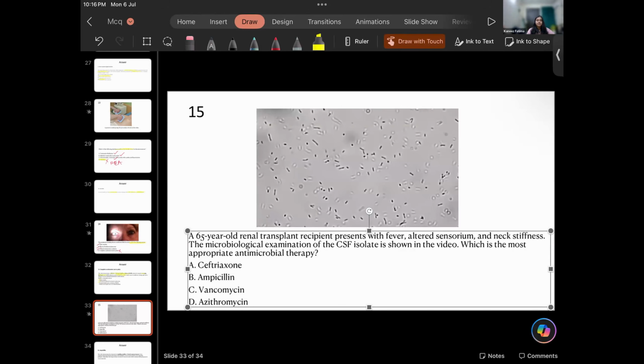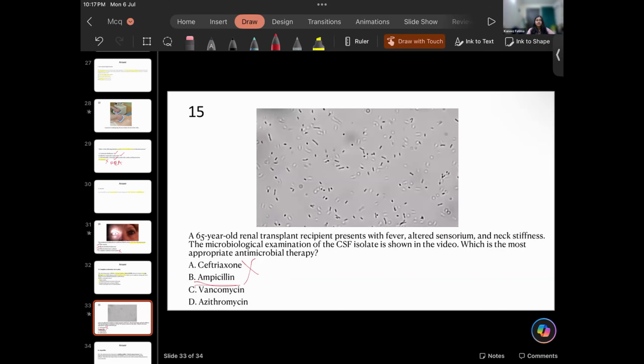Ceftriaxone is basically a cephalosporin, and listeria is intrinsically resistant to cephalosporins. So this in no way can be the answer. Ampicillin, yes. Vancomycin, though effective against gram positives, is not the treatment of choice for invasive listeriosis, because the listeria infection has actually progressed towards meningitis.